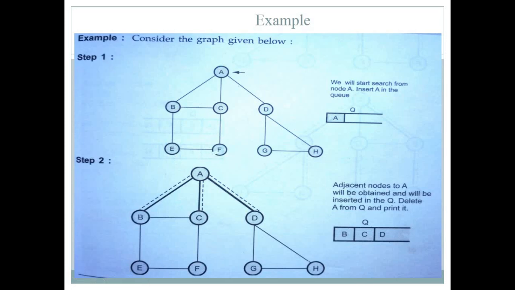There is a rule that if no starting vertex is given in your question, then you can start with any vertex in your graph. If it is given that your starting vertex is A, then you will have to start with A. But if there is no clarification about the starting vertex, then you can start from any vertex and make a DFS or BFS. Okay, so we will start with A here.